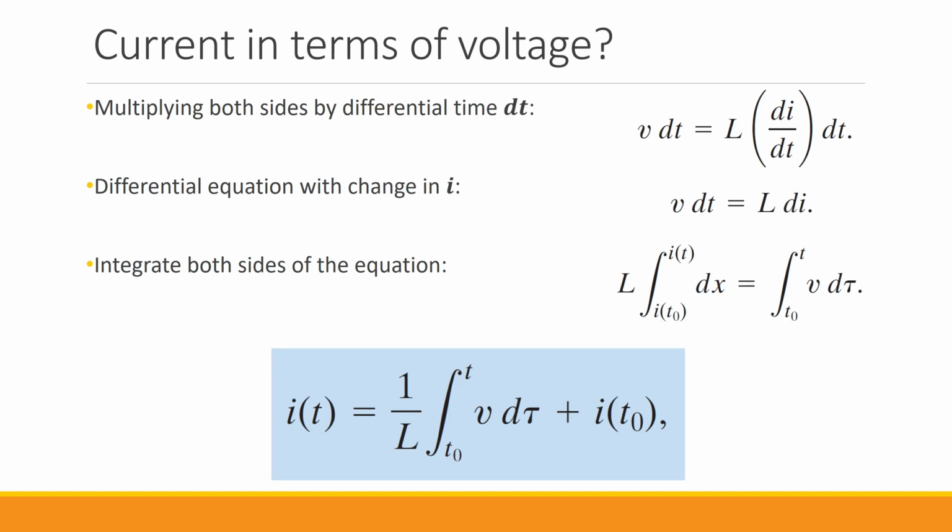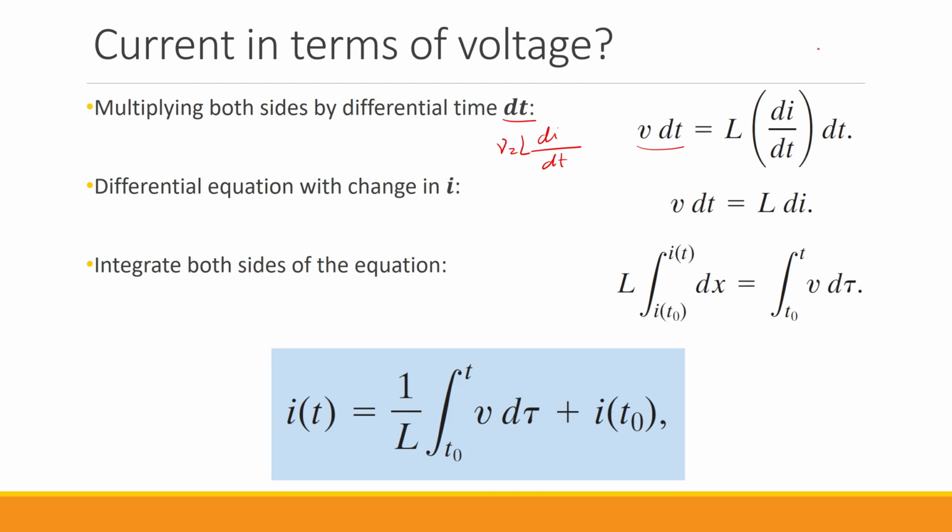The first step is to multiply both sides of the equation by the differential time dt. The original equation was V equals L di over dt. If I multiply both sides by dt, on the left side we have V dt, and on the right side we have L di over dt multiplied by dt.